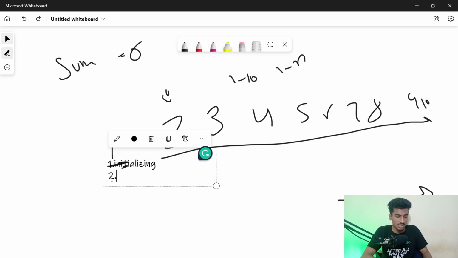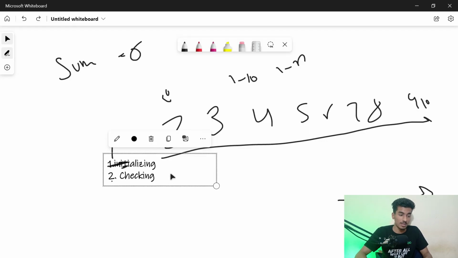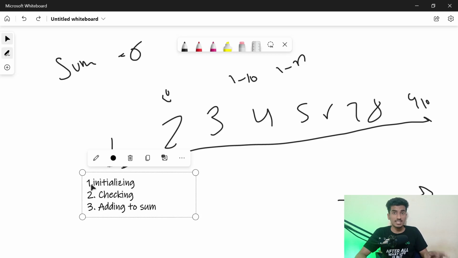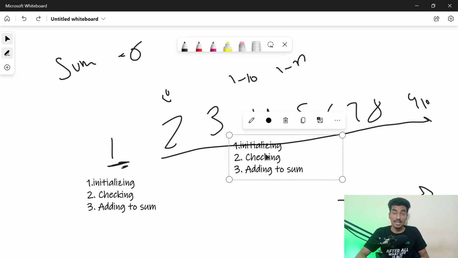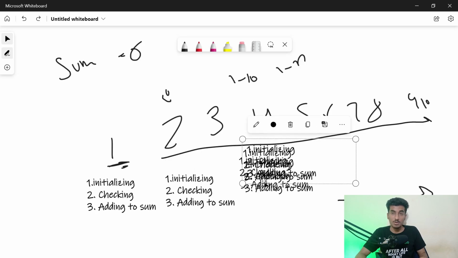So first operation. Second operation is checking, that means we are checking if i is less than n or not. And after that we are also doing a third thing, that is adding to sum. So these are the three things that we are doing here. And we are doing these three things how many times? Total 10 times, and that 10 is equal to our n. So the time complexity will be O of n.